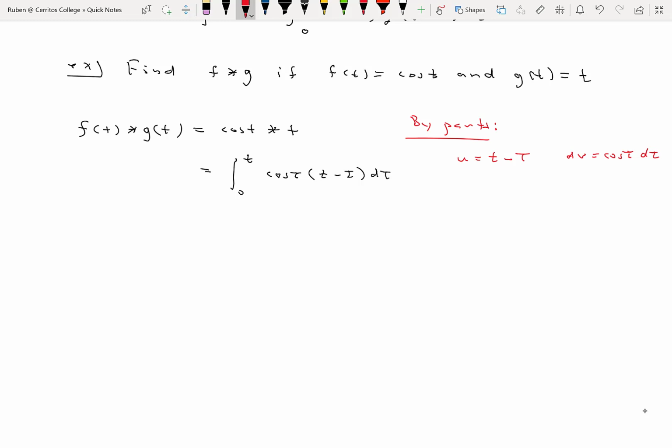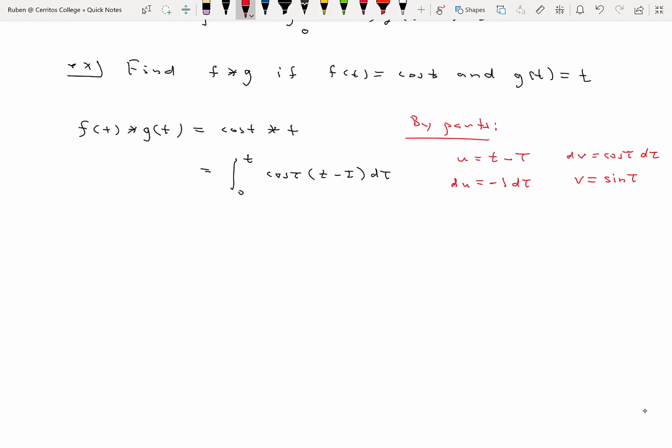T is held fixed. So with that in mind, du, the derivative of t is 0, because t is being held fixed, and the derivative of negative tau is negative 1, so this is negative d tau. And v, the integral of cosine, is sine, so the sine of not t, but tau.